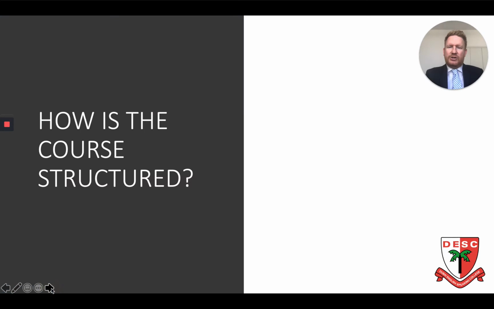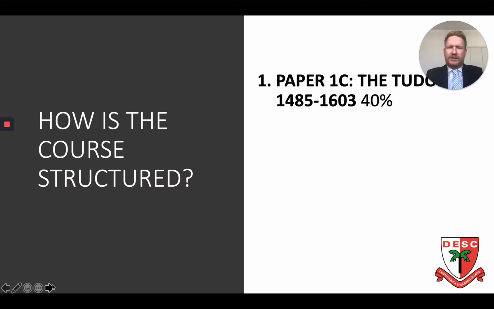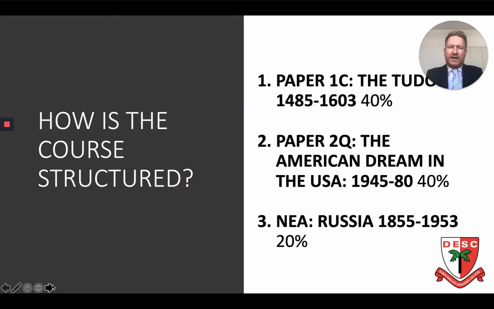The A-level history is really simply divided up into three separate sections. The first section is 1C, and that's the Tudors, 1485 to 1603, and that's worth 40% of the A-level. The second paper is 2Q, the American Dream in the USA, from 1945 to 80, and that's also worth 40%.